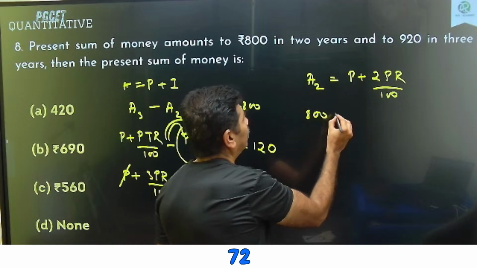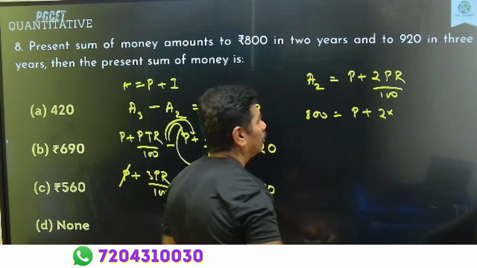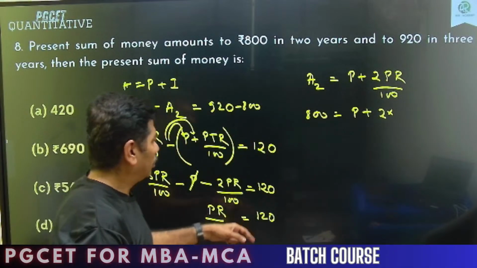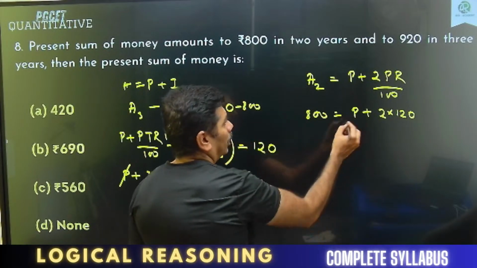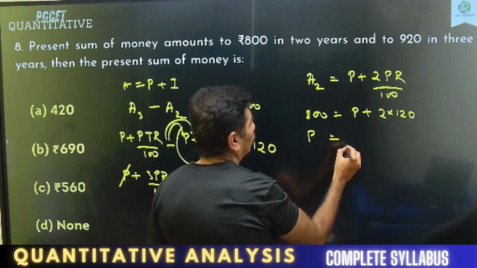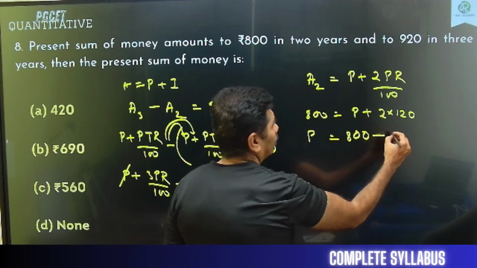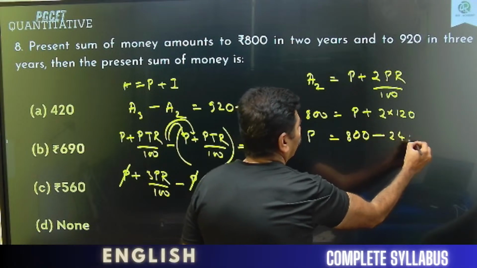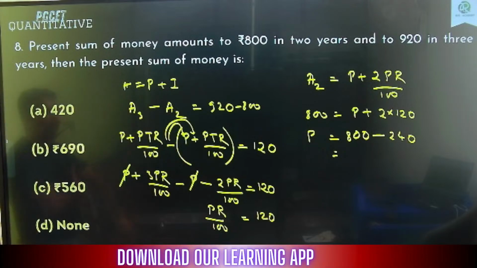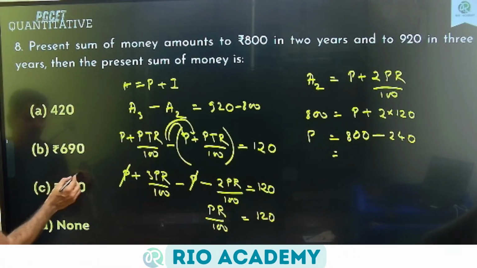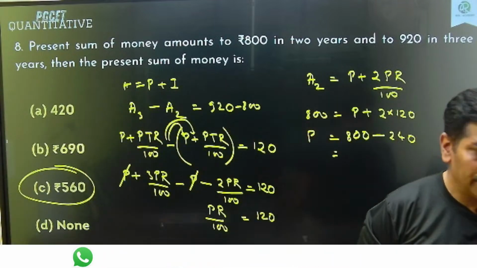That is 800 equals P plus 2 times what is PR by 100, that is 120. All right, therefore P equals 800 minus 240 when you bring it to this side. So 800 minus 240 will give you 560 rupees.